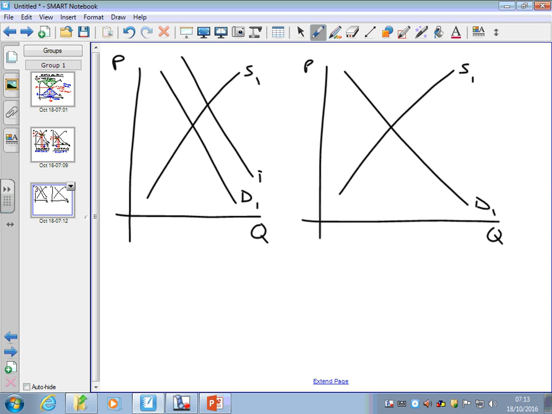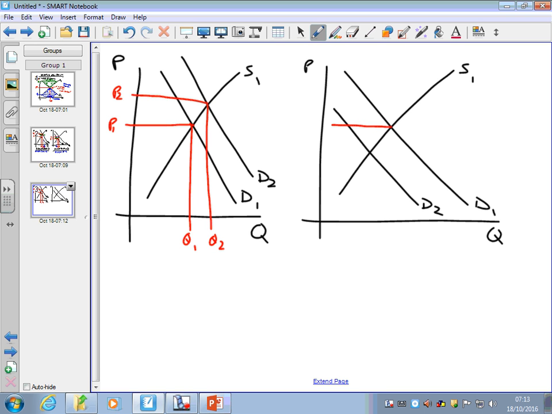You've got an outward shift in demand. And you've got this inward shift in demand. So we started off at P1, Q1. We get a new market equilibrium point at P2, Q2 here with the inward shift in demand.